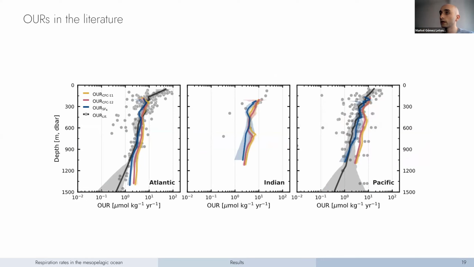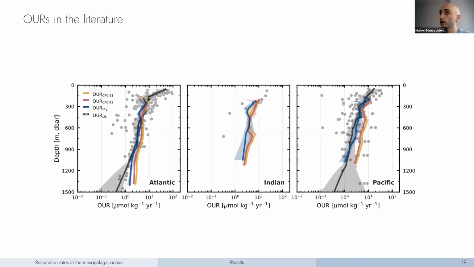So the golden, pink, and blue ones are our oxygen utilization rate profiles for each of the tracer ages. And the compilation we did from across 55 studies with more than 600 values is shown as gray dots, and their average profile is the black line.